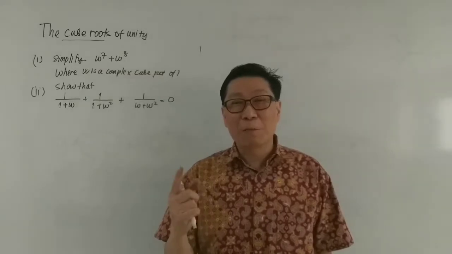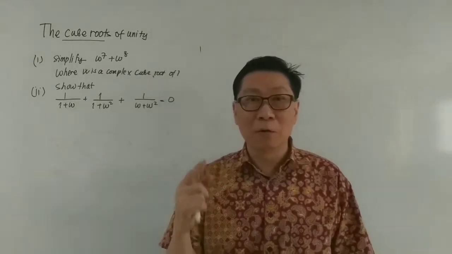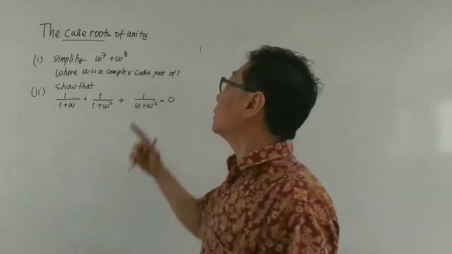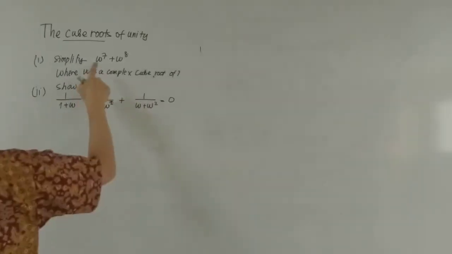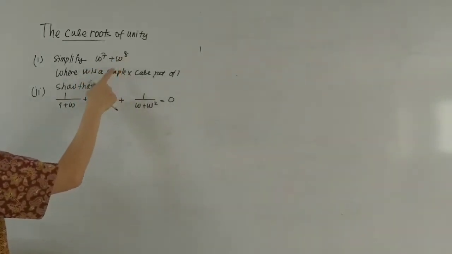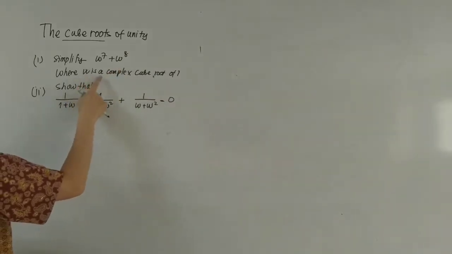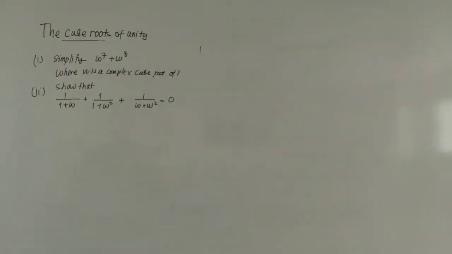Okay, we will solve problems concerning the roots of unity. So the cube root of unity: simplify omega to the 7th plus omega to the 8th, where omega is a complex cube root of unity.